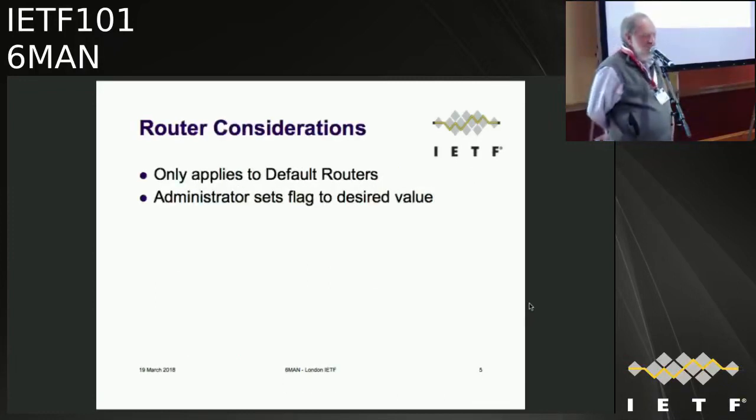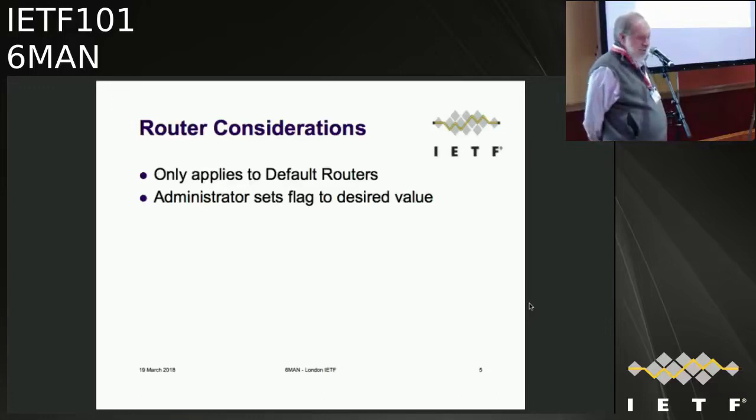So for router configurations, this should only be done on a default router. There are other kinds of router-like devices that don't route traffic, but still want to send advertisements. So hosts will only process this if it's a default router.